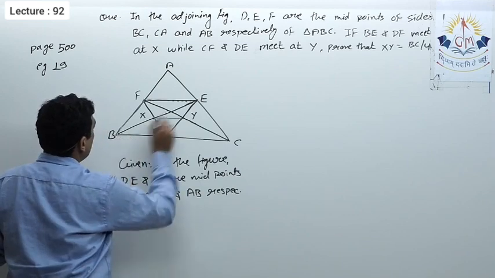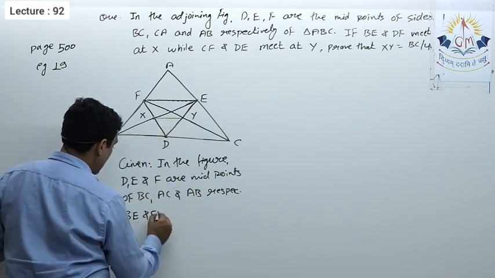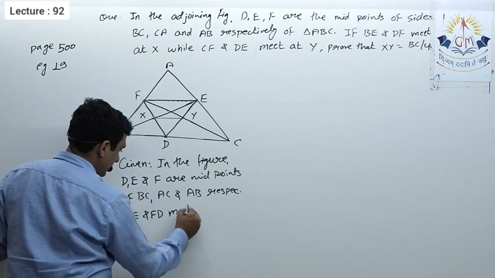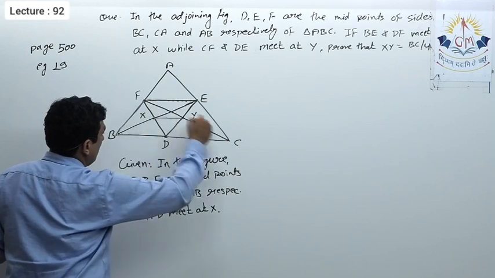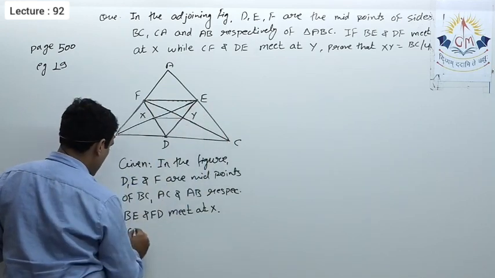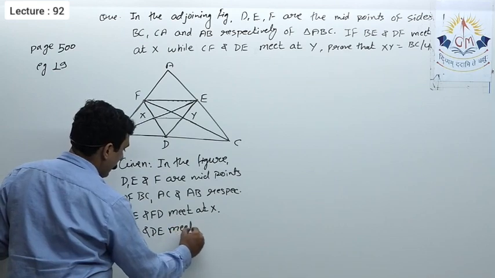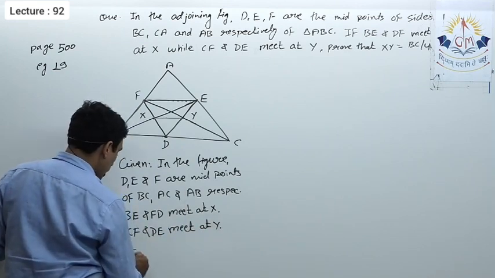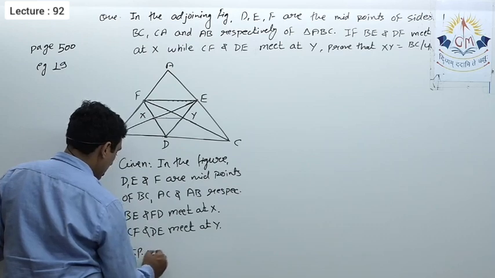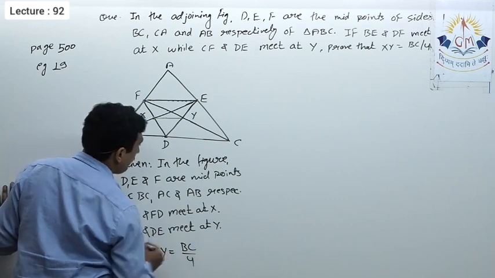Then BE and FD meet at X. CF and DE meet at Y. To prove XY is equal to BC upon 4.